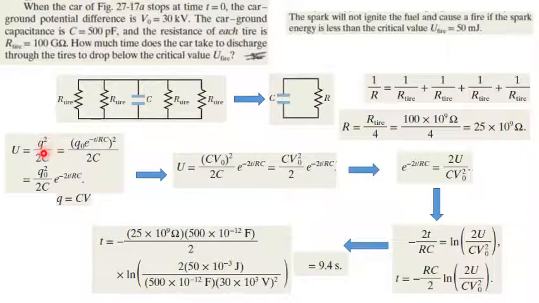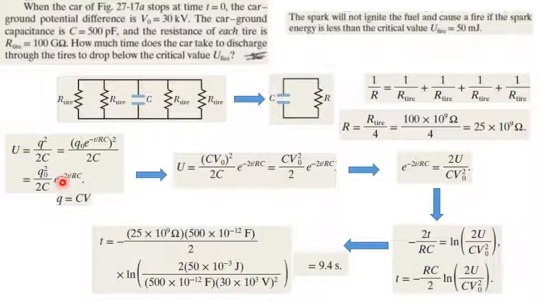So Q squared over 2C can be replaced as Q naught multiplied by e to the power minus t over RC, squared, over 2C. This is the instantaneous stored energy in this capacitor while it is discharging. So we can simplify this: Q naught squared over 2C multiplied by e to the power minus 2t over RC. The square here can be just multiplication in the exponential term.